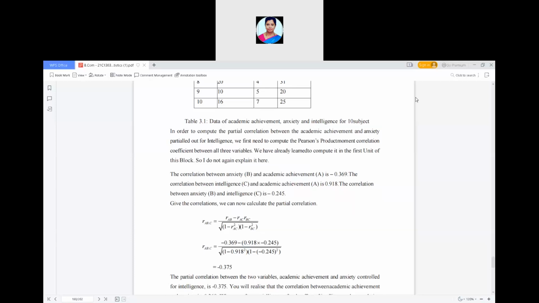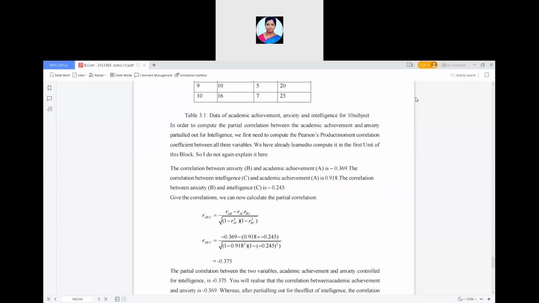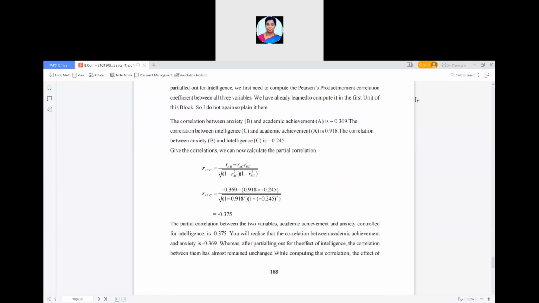So I can apply this value here, and therefore I get minus 0.375. The partial correlation between academic achievement and anxiety, controlled for intelligence, is minus 0.375.